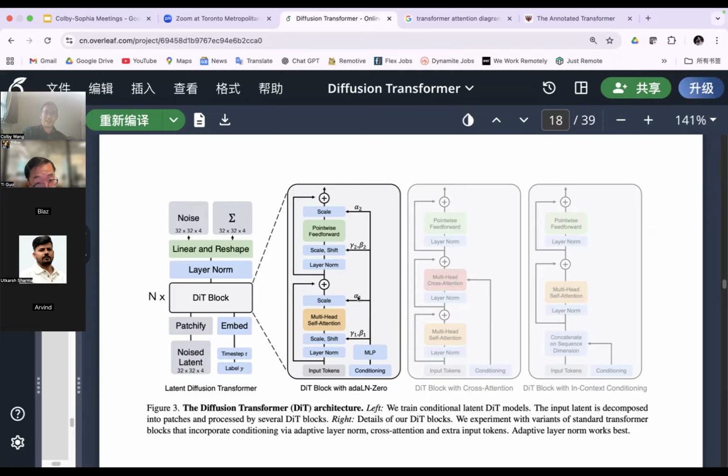I have an embedding for each text token and give everything, image and text, to the DiT. The DiT does not distinguish between the two, just treating it as a big sequence of tokens. That is the in-context conditioning.